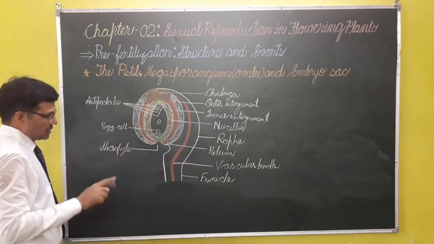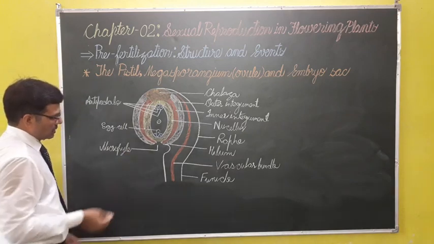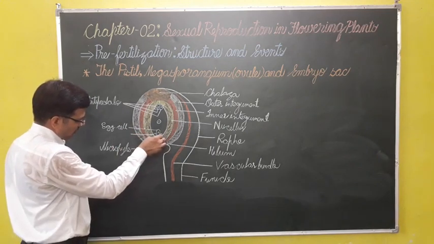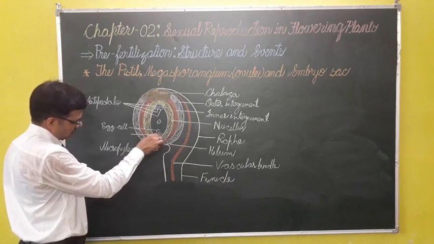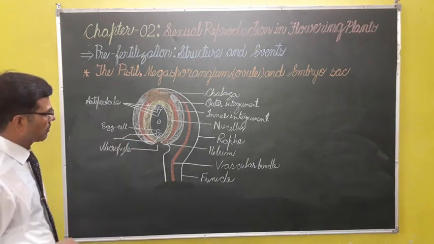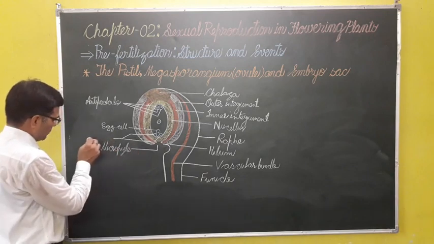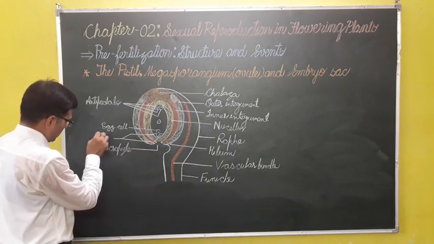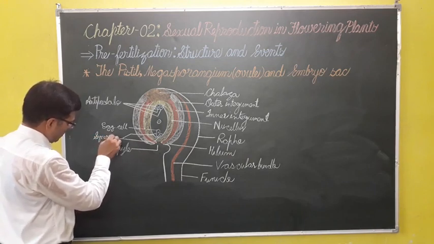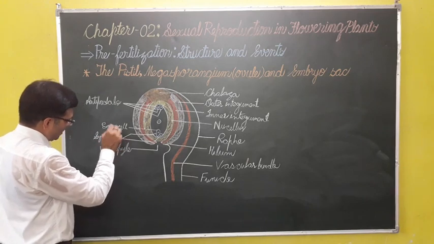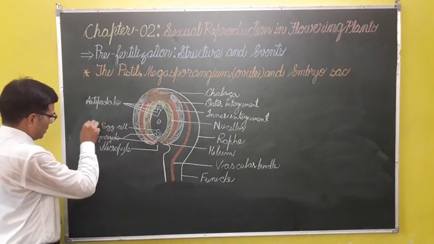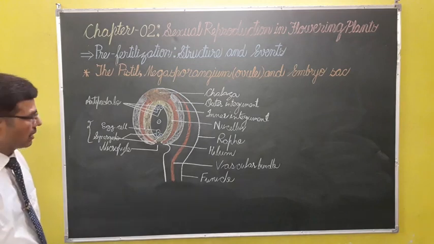And the two cells which surround it from both sides, one is this and one is this, are called synergids. Now the synergids and the egg cell together are called the egg apparatus.